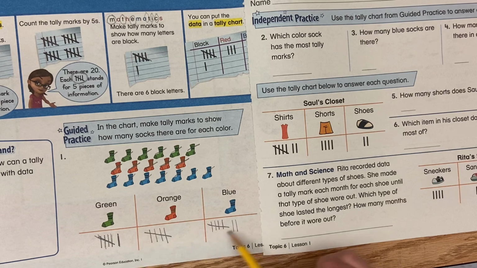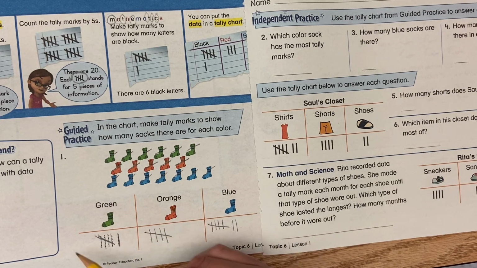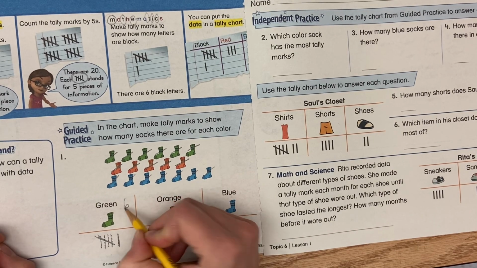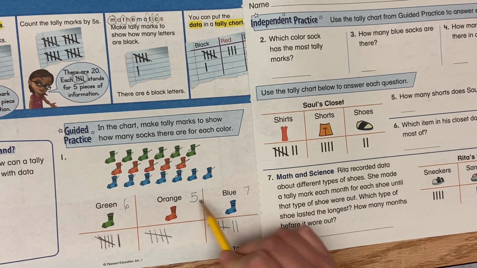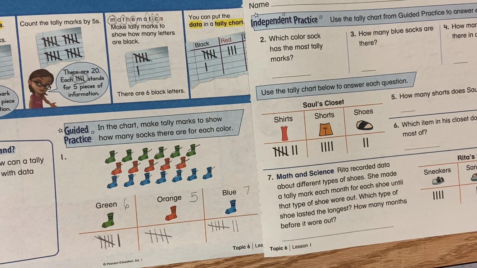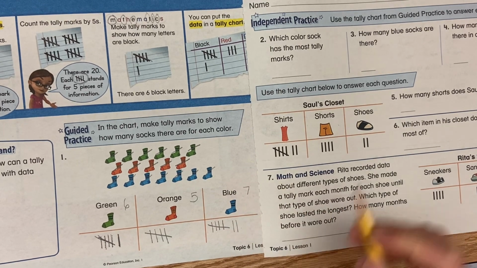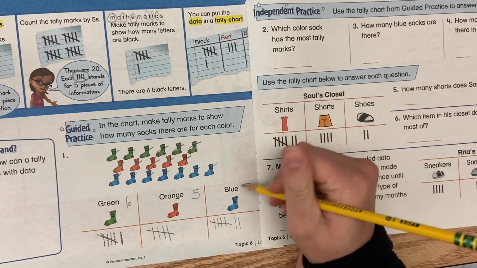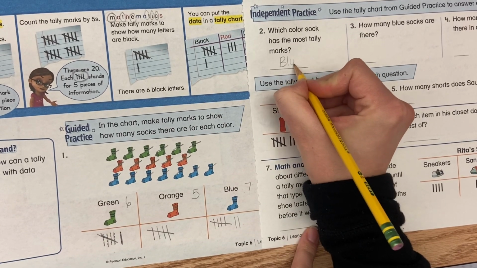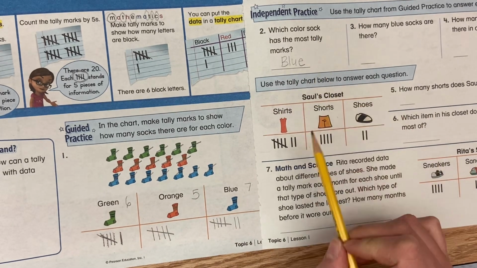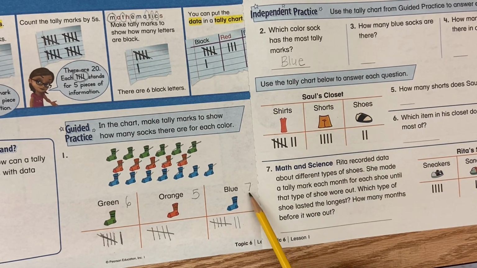So I'm going to look for the tally marks that I see the most of. Here, there are 6, here, there are 5, and there are 7. Which number is the greatest or worth the most? If you said 7, great job. 7 represents the color blue, so I'm going to write blue. Blue has the most tally marks. 7 is greater than 5 and 6.